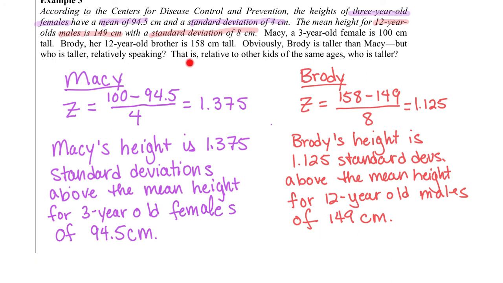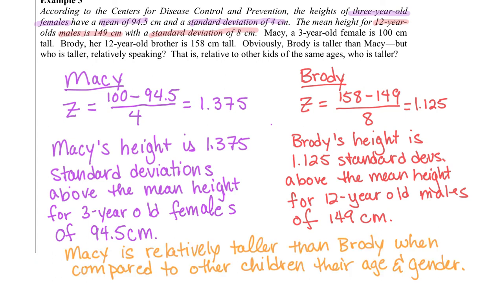Now don't forget, it says relative to other kids of the same ages, who's taller? Well, that's going to be Macy. So let's look at how we would write that conclusion. Macy is relatively taller than Brody when compared to other children their age and gender.